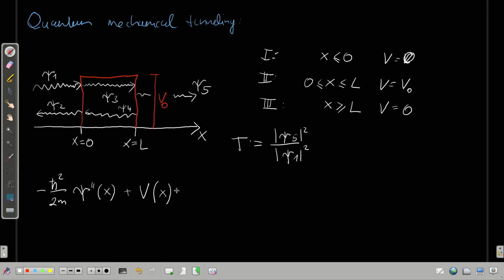So it could also be dependent on x. In our case, within the regions, it is not. Then the wave function again. This equals E, the energy, times psi of x again. So this is the stationary Schrödinger equation.